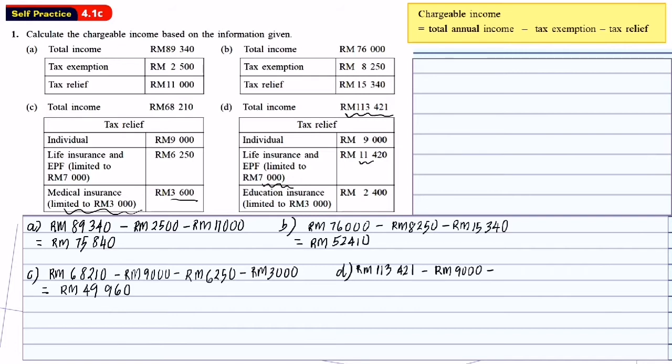So here, even though we have 11,420, we can minus 7,000. Education insurance limited to 3,000. So minus 2,400. So chargeable income equals 95,021 ringgit.